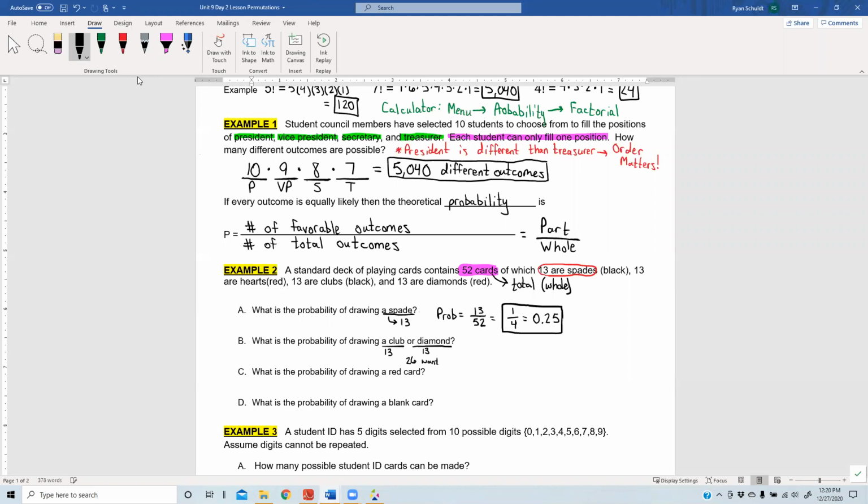So the probability would be 26, that's how many we want, over how many total? 52. 26 over 52 reduces to 1/2, or you could say 0.5.